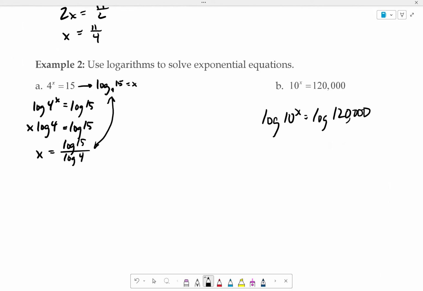Okay, from here, we take the x and move it down, or we talk about what Feliciano was talking about earlier.